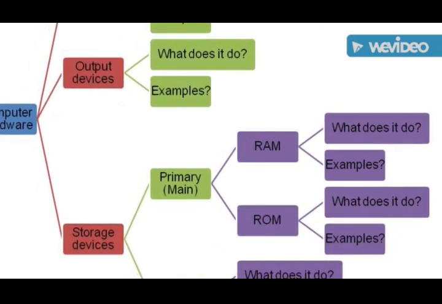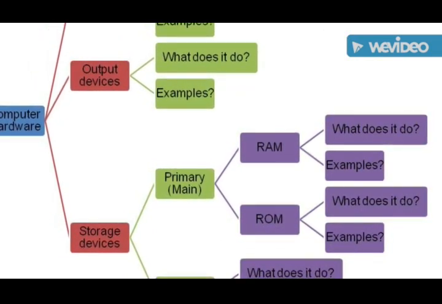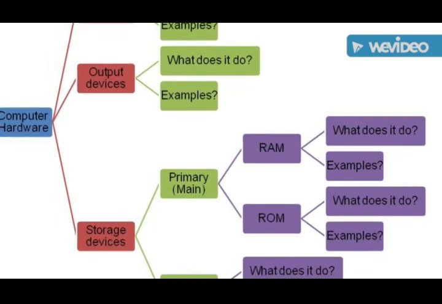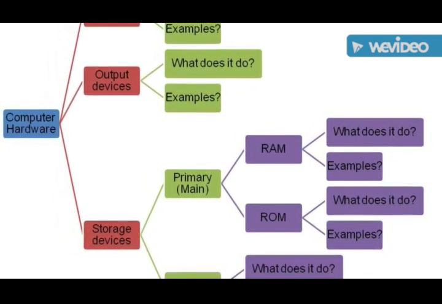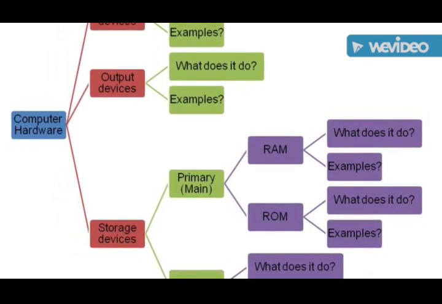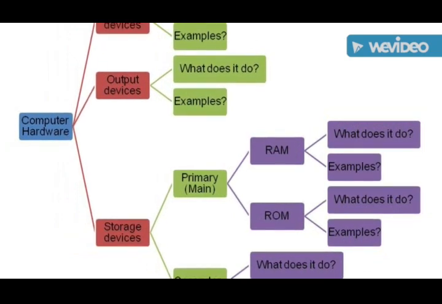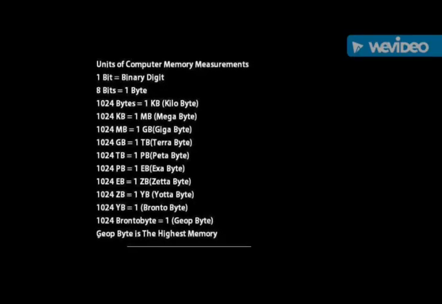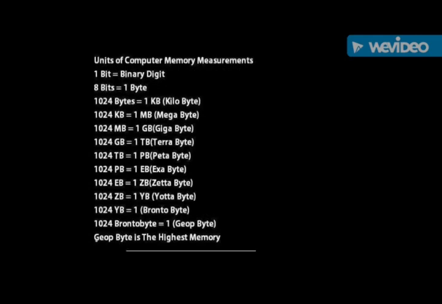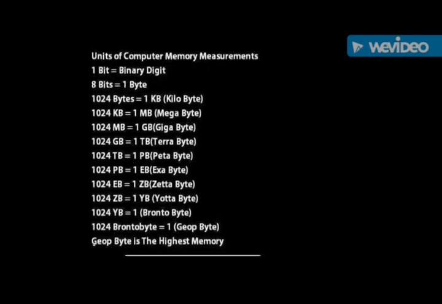So computer hardware involves input, output, storage. I hope you understand better why we are using these types of devices, storage devices. Now here you can see the memory measurement in a computer.